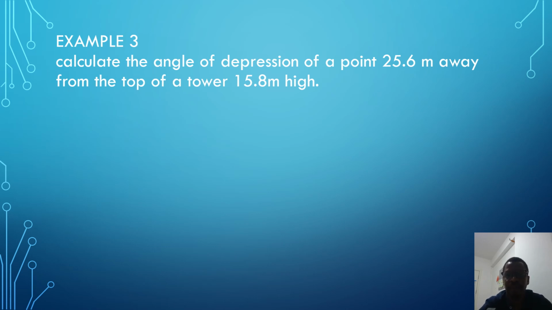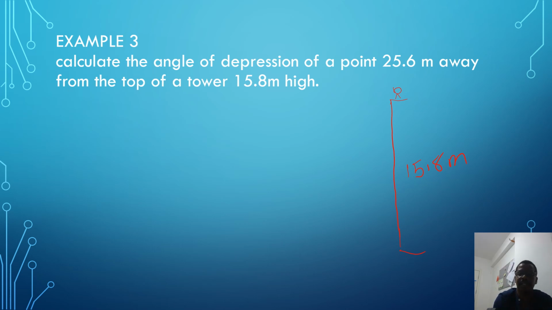First of all, you have to know that you have a tower. Okay, tower is the tallest point, maybe. And that tower is 15.8 meters high. So you are here.